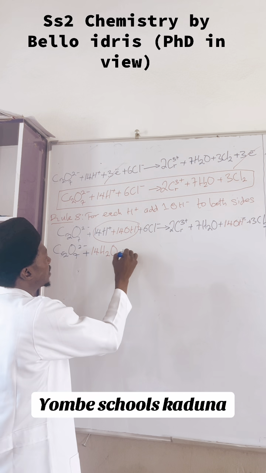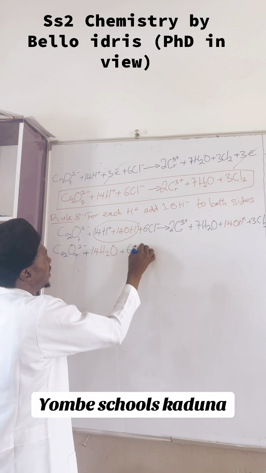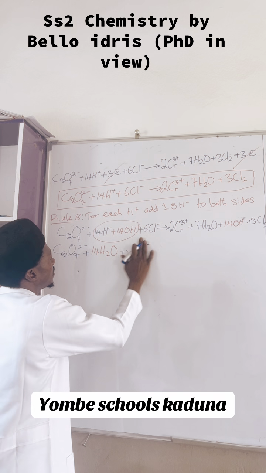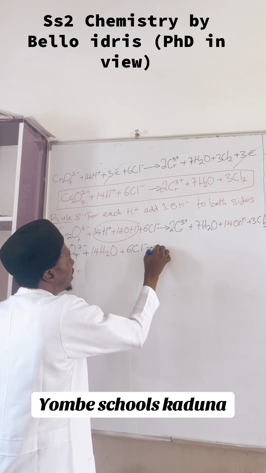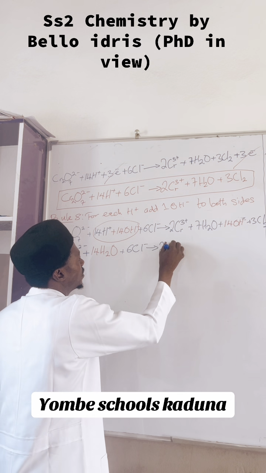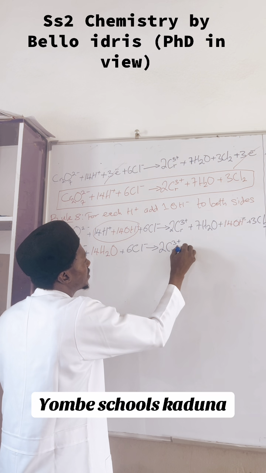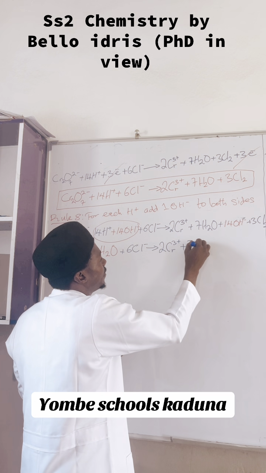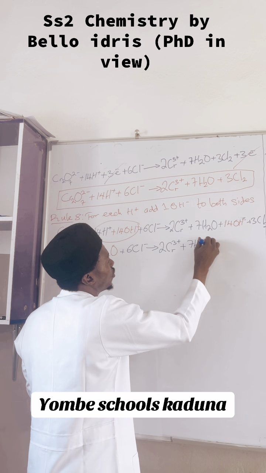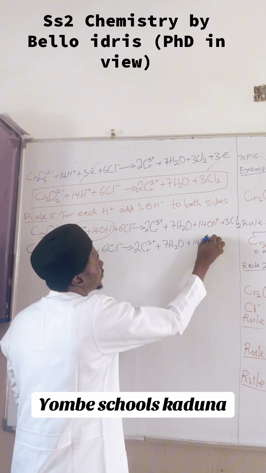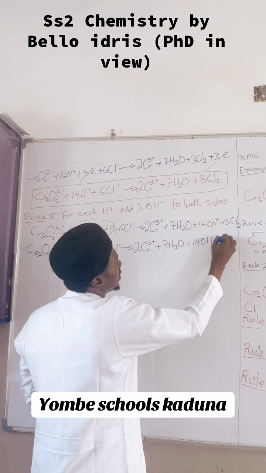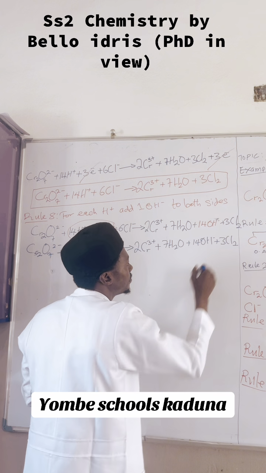Now, plus, what is here? 6Cl minus. You wrote 3? Okay, 6 Cl minus. We write our arrow, 2Cr3+ + 7H2O + 14 OH minus + 3Cl2.